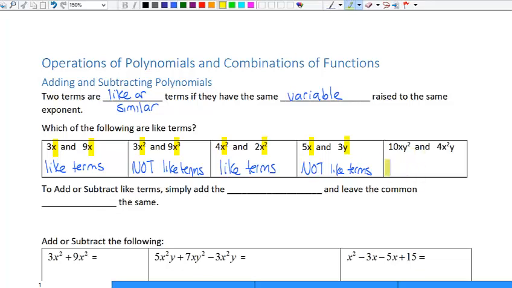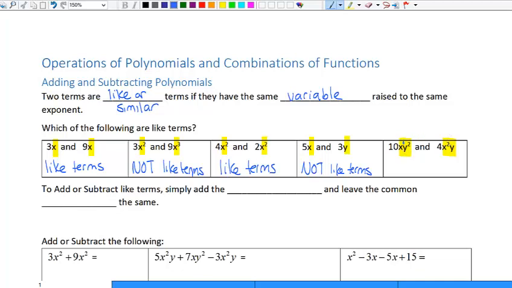On the last two, we have 10xy squared, so xy squared is the variable part, and 4x squared y. Again, x squared y is the variable part. So be really careful on this one. Notice the x is being raised to the invisible 1 on the first one and raised to the 2 on the second one.